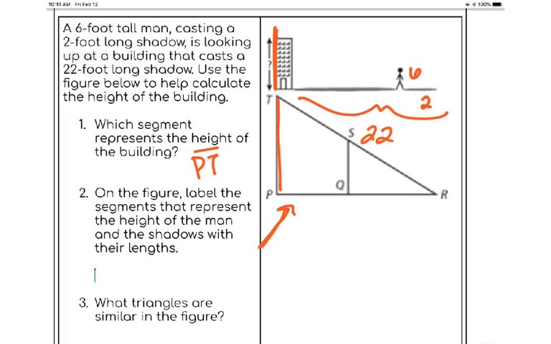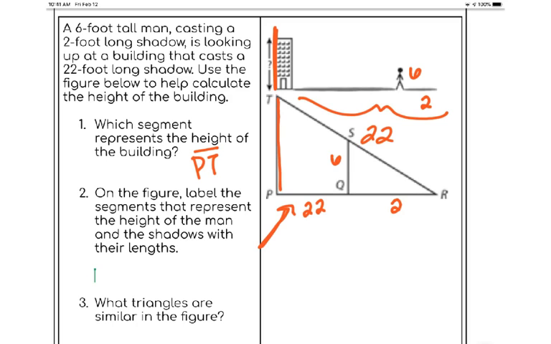So we already figured out that the height of the man was 6 feet. So SQ represents the height of the man, and we're going to label that as 6. And the shadows with their lengths. So we have the shadow of the man, which is QR. We said that was 2. And then the shadow of the building, which is PQ, and we said that was 22.